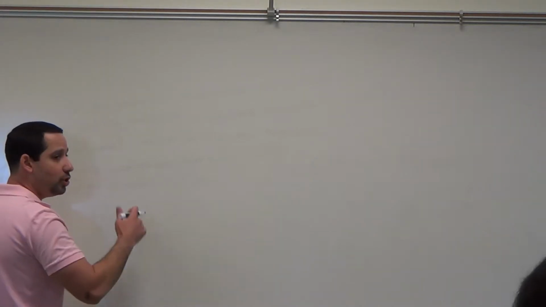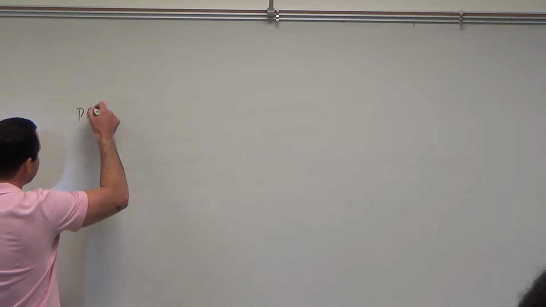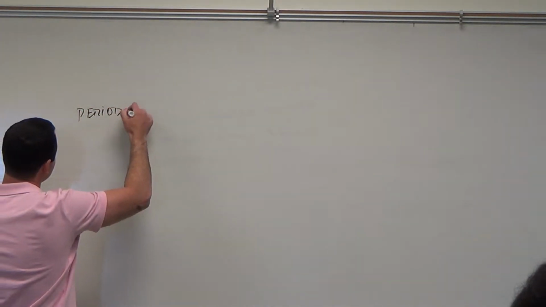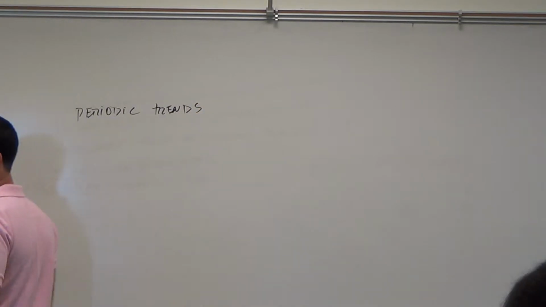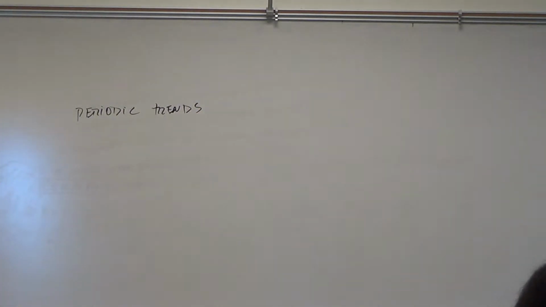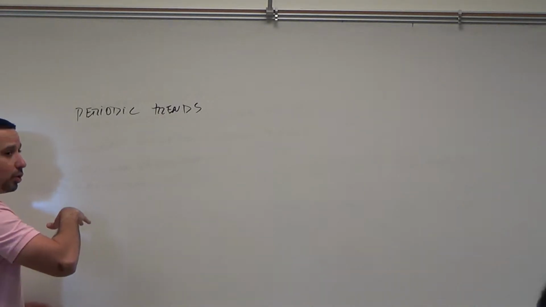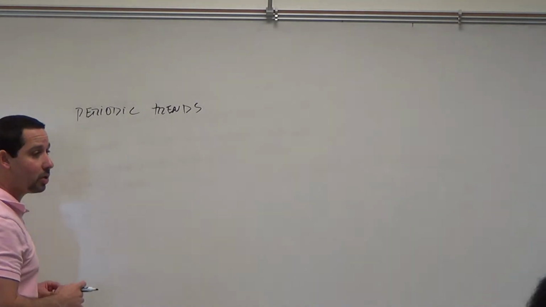First thing I am going to tell you about this new chapter, which is about the periodic table and trends. First thing I am going to teach you are called the periodic trends. You already know effective nuclear charge. How important is effective nuclear charge? Without understanding effective nuclear charge, you'll have a problem understanding some of the rest of the stuff.